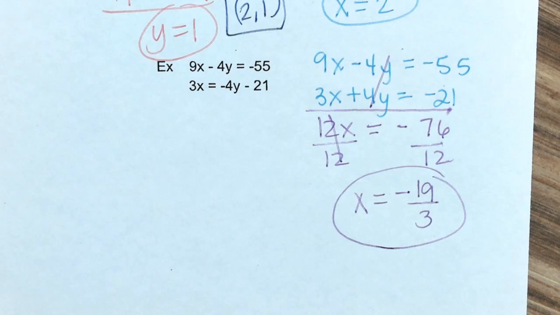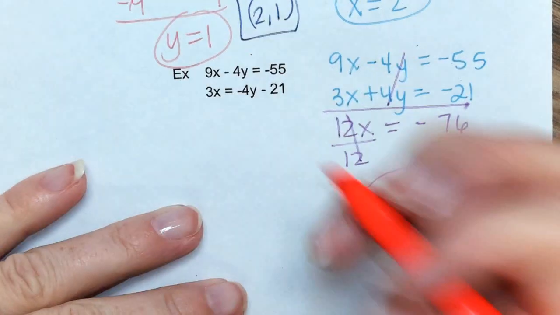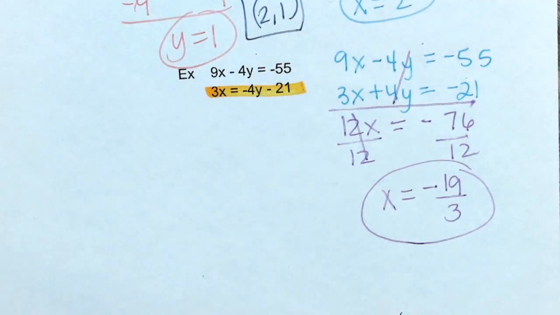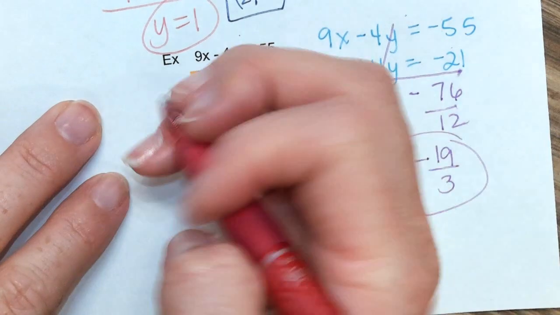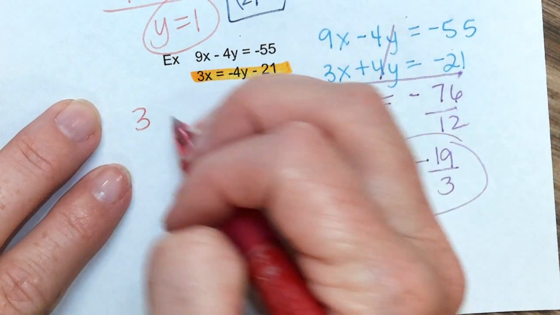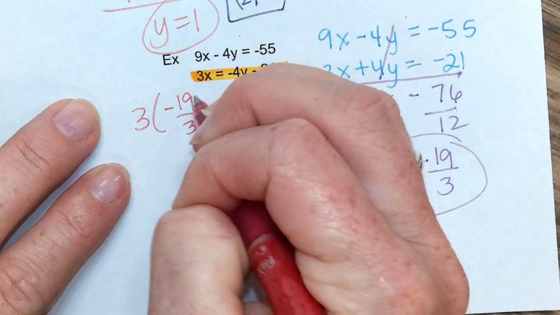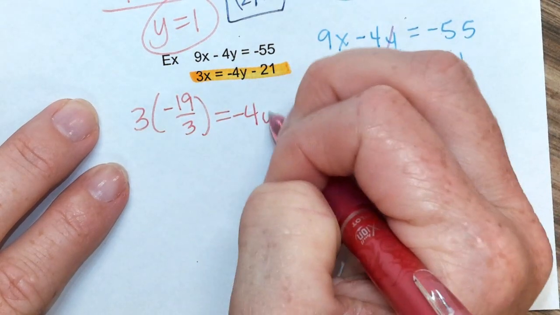Now, pick an equation. Which one do y'all want to use, top or bottom, to plug it back in? Anybody? Bottom? Okay, so I have 3 times x, which is negative 19 thirds, equals negative 4y minus 21.